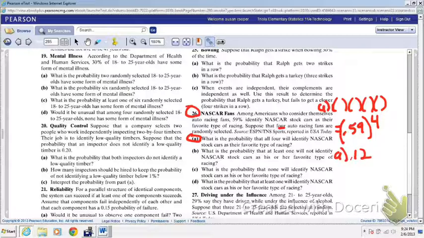Now let's go ahead and take a look at part B. What is the probability that, see, at least one, I told you this was going to come back at us. What is the probability that at least one will not identify NASCAR as his or her favorite type? Well, I always translate because they really start messing with the language in some of these problems. So let me erase this.